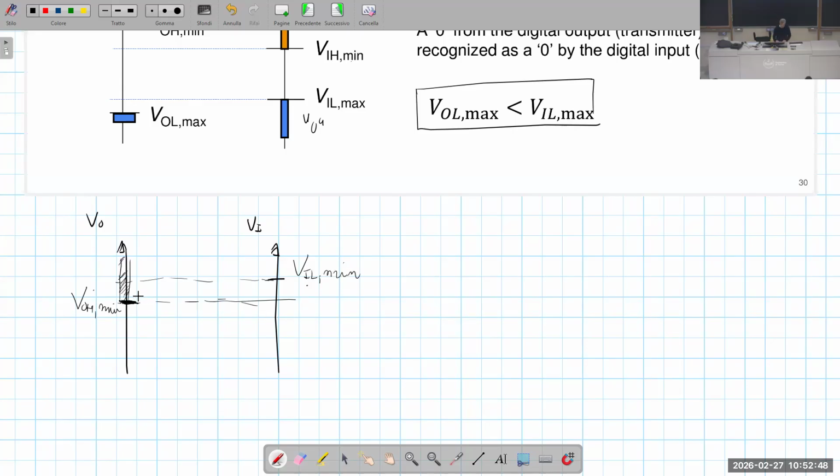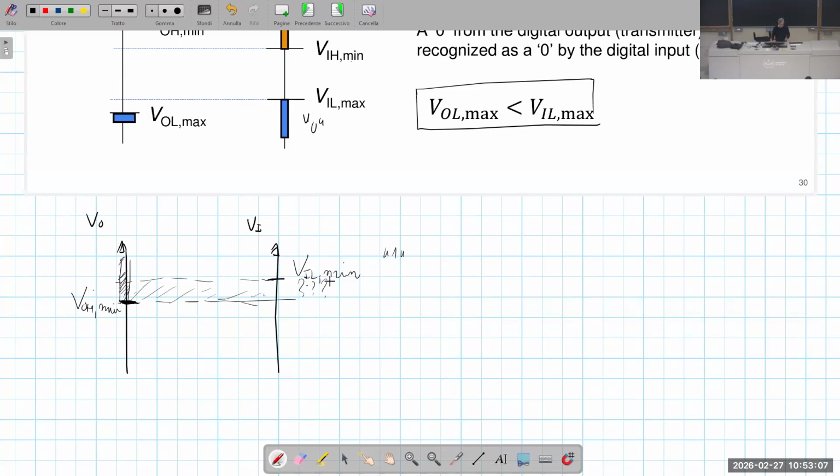If we are in this case and the output voltage of the transmitter is in this range, it is not properly recognized as a 1 by the receiver. So it falls in this gray area.